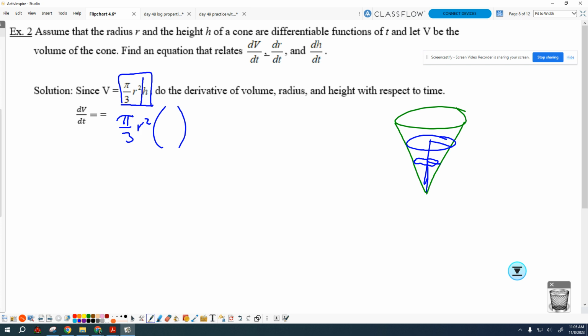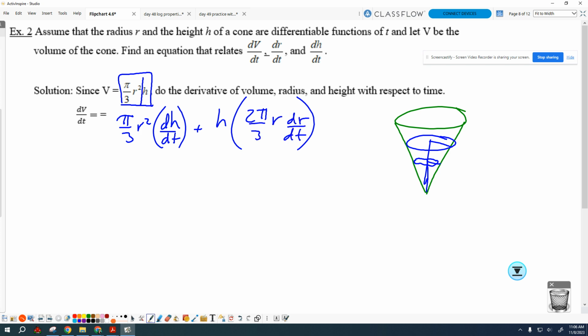What is the derivative of h with respect to time? dh/dt. Plus second times the derivative of the first with respect to time. So what's that going to be? 2/3 pi r times dr/dt.